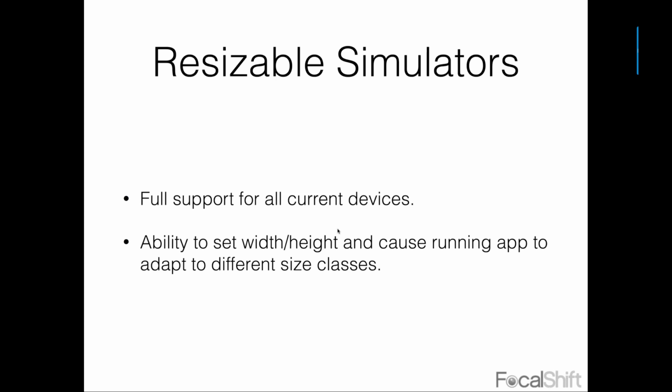And based on what you set the width and height for, you can also set what you want the size class to be in the width and the height directions. So the simulator becomes a lot more capable of being used to test a number of different devices, including things that we don't have available yet as physical devices.